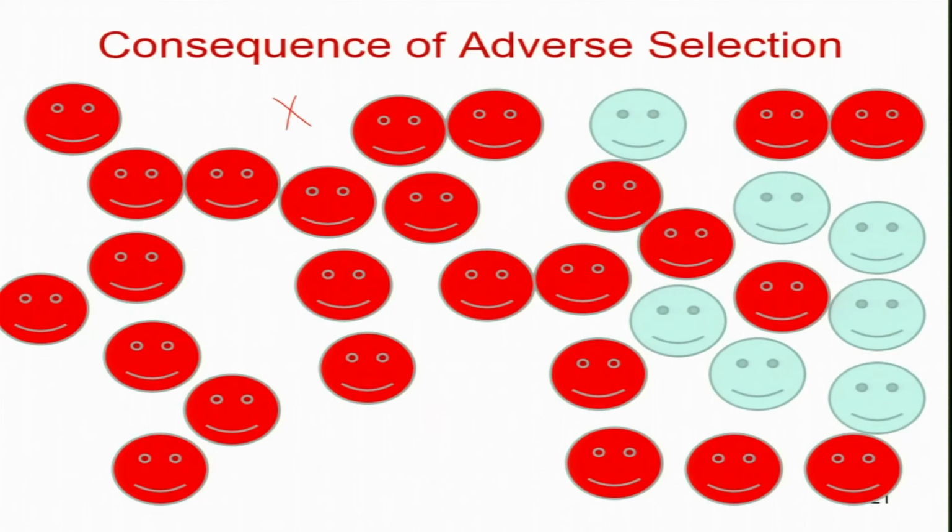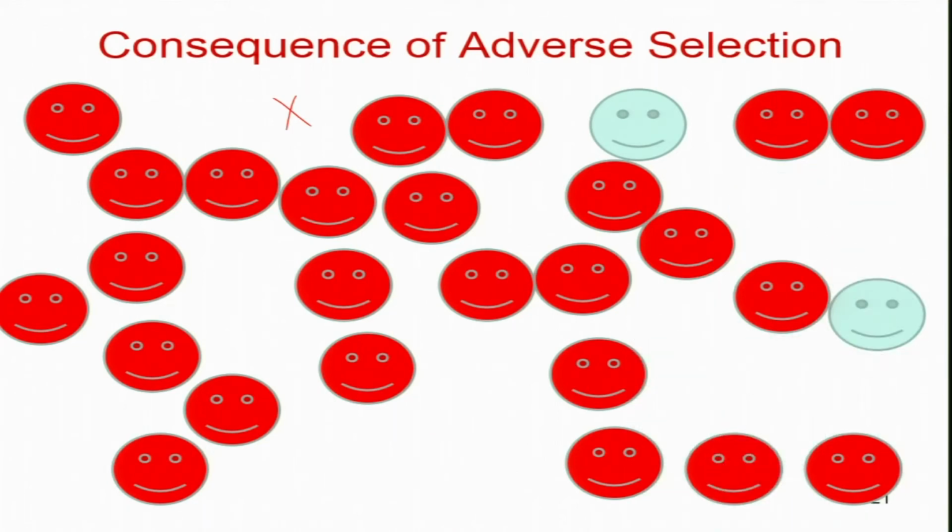When they leave the market, gradually, what is going to happen? You see, because of the adverse selection, the premium has increased, and again in the subsequent cycle we are going to see that the market will be over-represented by high risk people only.